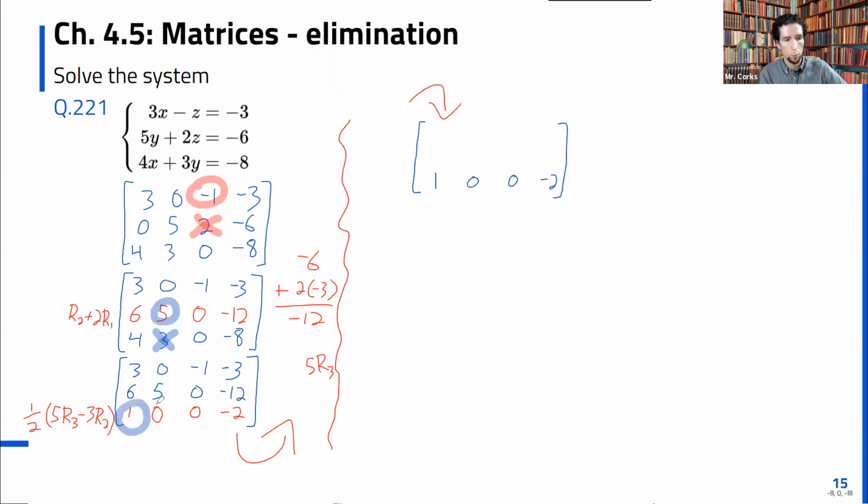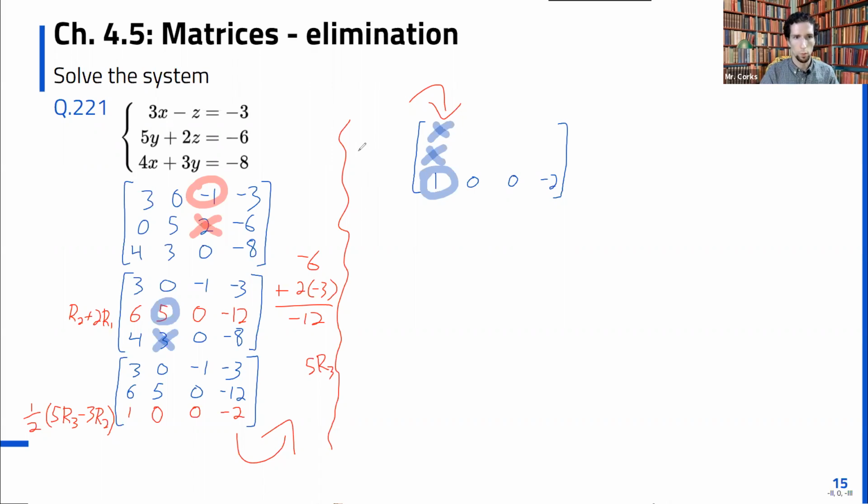So we're going to use the one that we have here, and we're going to eliminate the two things above it in that same column. All right, and to do that, what operations will we need to do? Row 2 minus 6 times row 3.